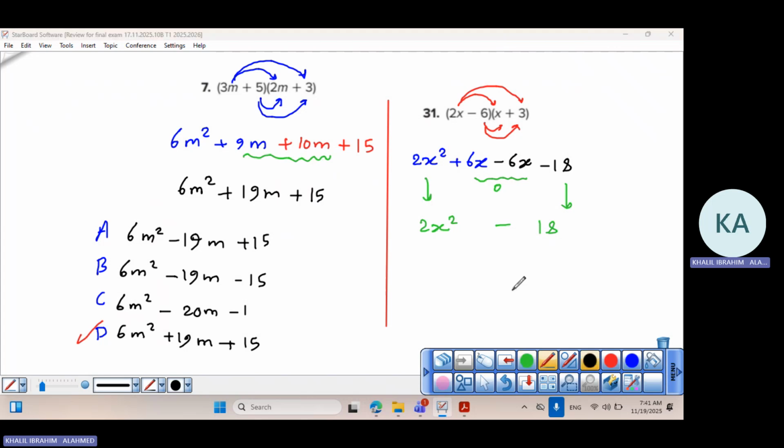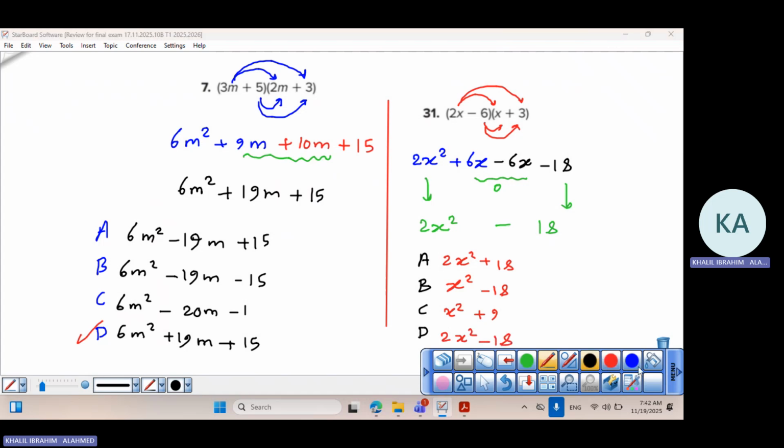In the same way, the question comes as multiple choice, A, B, C, D. Maybe here, this is 2x squared plus 18, x squared minus 18, x squared plus 9. Also here, 2x squared minus 18.